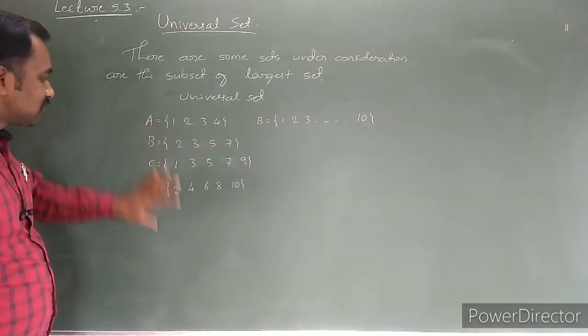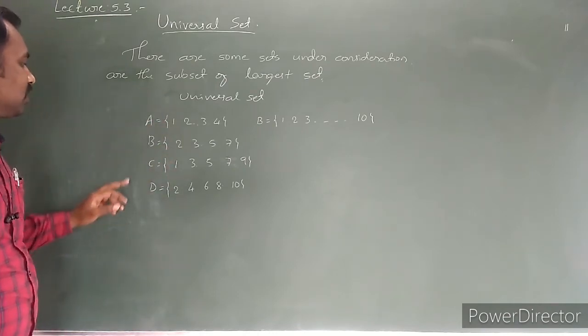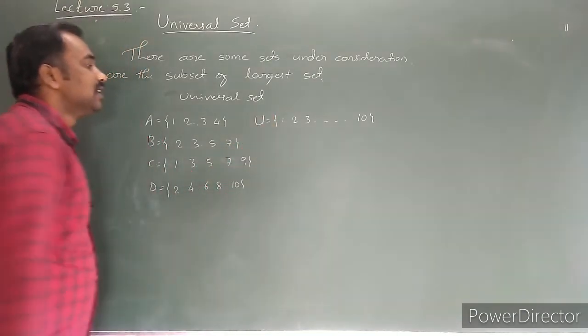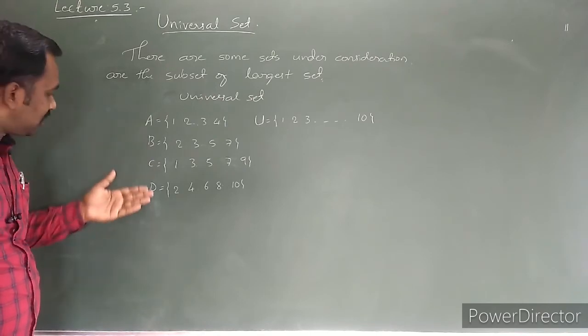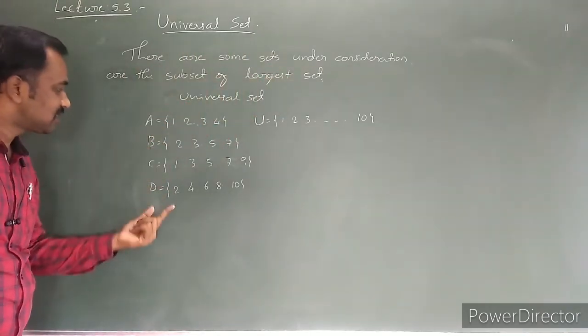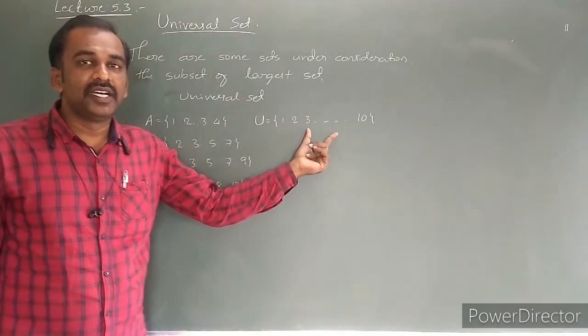Here there are some sets under consideration. I'll just call the set of the first 10 natural numbers U. These sets under consideration are the subsets of the largest set.